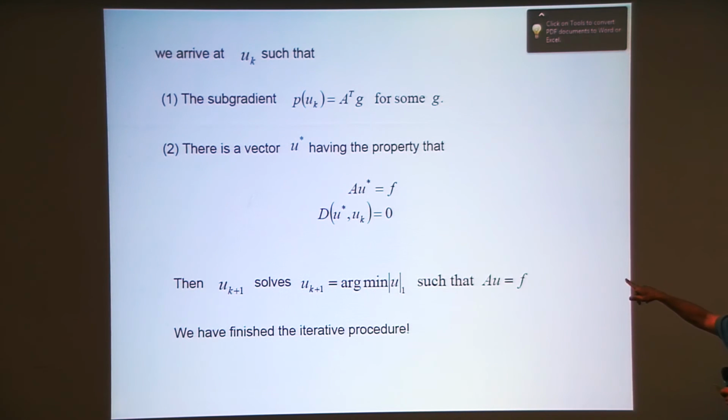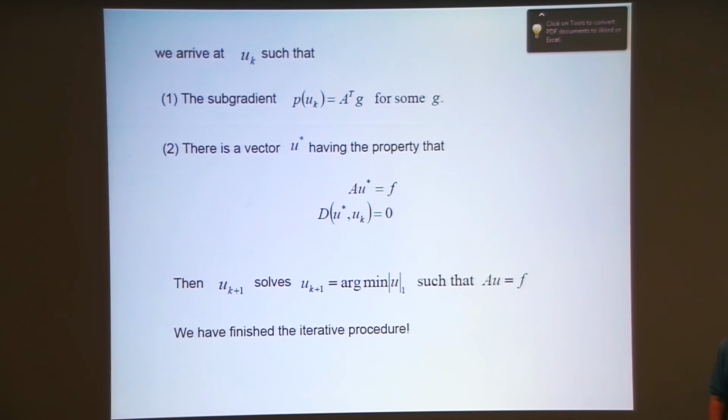There is a u star such that Au star equals f. So u star is in the feasible set that you're trying to solve for, and the Bregman distance between u star and u^k equals 0. Suppose you happen to have that property for any Bregman distance, any convex J. Then the next iteration is the exact answer, period.